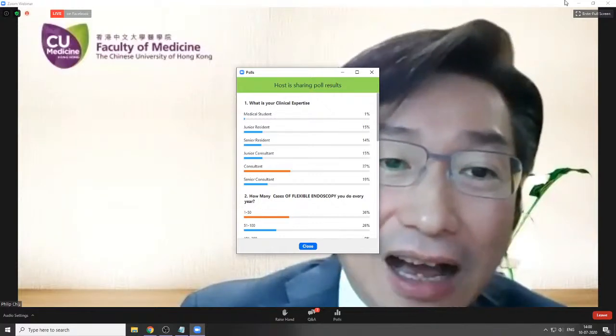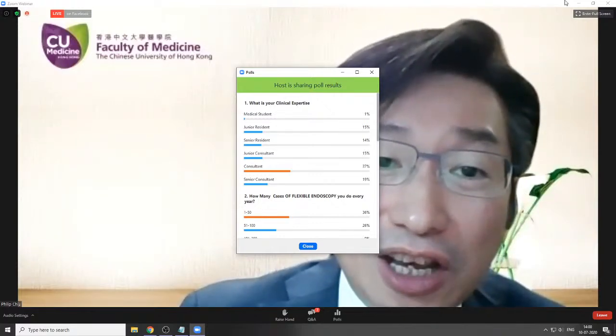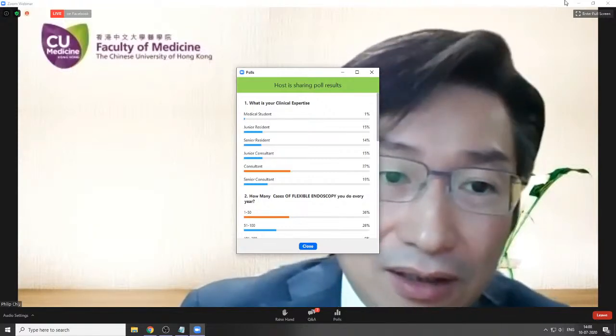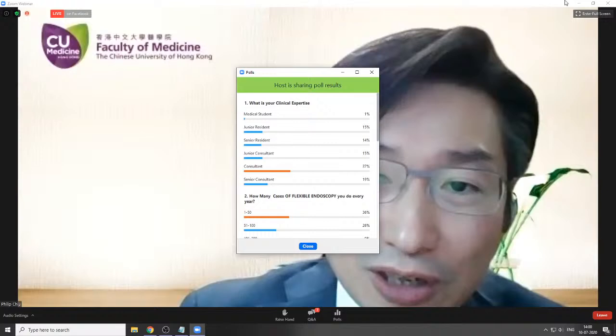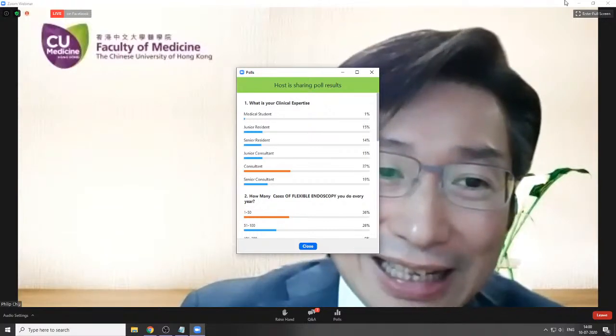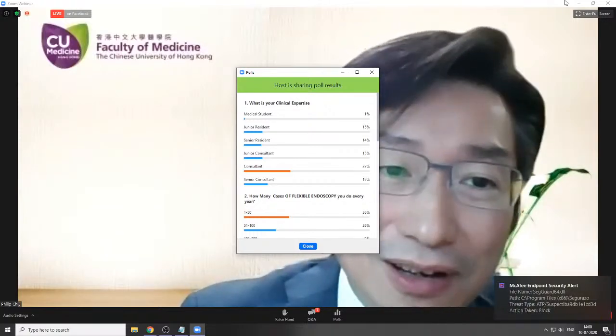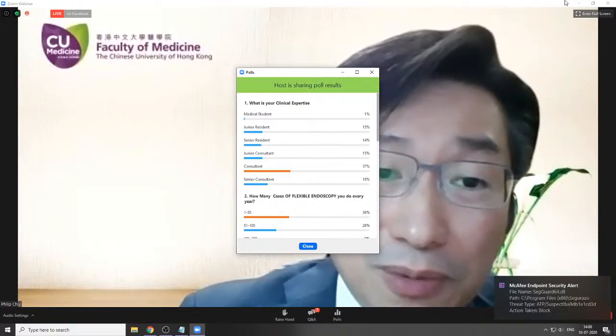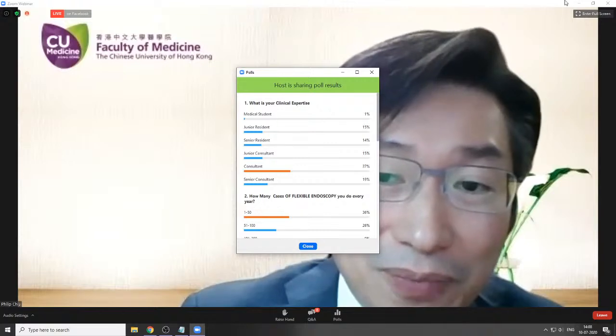And secondly is how many cases of flexible endoscopy you did every year. In fact, these are surgeon endoscopists, I believe, because the number of cases varies between 51 to 100. So mostly performed 100 procedures.